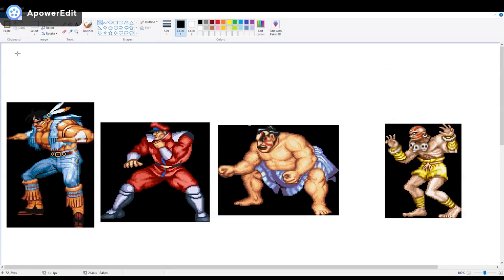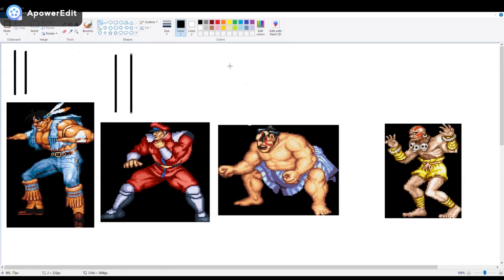So T-Hawk gets a point. He's by far the tallest, so that's one tally for him. His second point is that he has the fastest overall speed. For M. Bison, he gets a point because he can fly and float, and another point since he has the fastest ground speed.